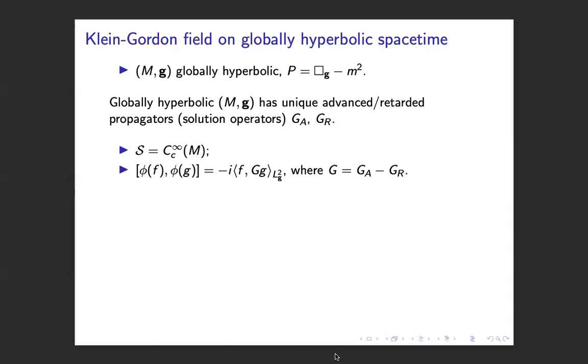Yeah. So is one way of thinking about P of S that it's like the equation of motion acting on the field? Yeah, P is the operator. Is P of S the set of all test functions that we experience?